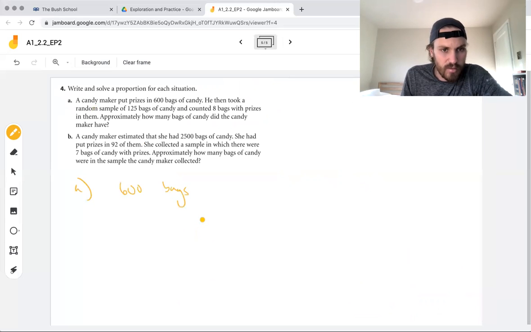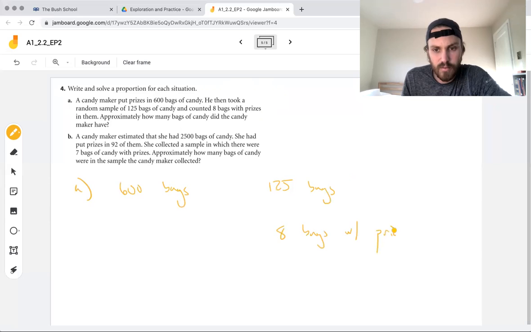He then took a random sample of 125 bags and counted 8 bags with prizes. Okay, 8 bags with prizes. Approximately how many bags of candy did the candy maker have? Oh, this one has prizes too.